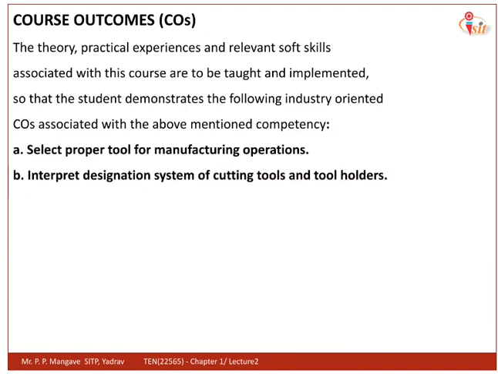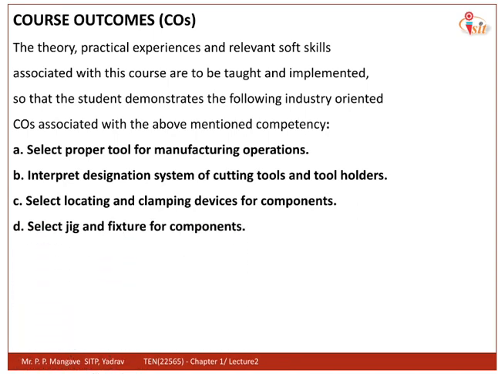Next, you will be able to select and interpret different designations of tools and tool holders. Next, you will be able to select different clamping and locating devices for your workpiece. Next, you will be able to select a jig and a fixture for a particular component or application.